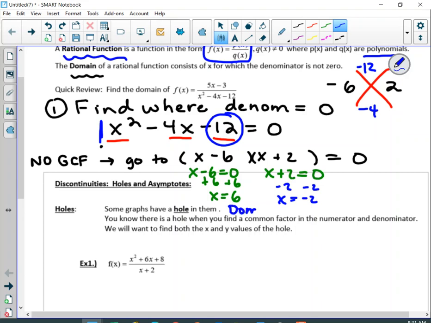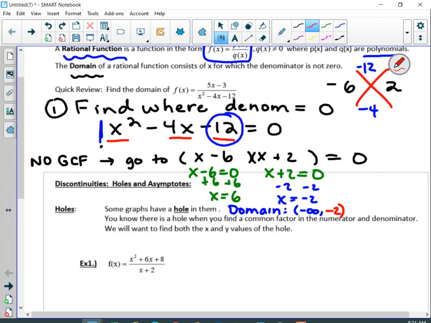So then, how do I write the domain? I basically start from -infinity up to my first 0 of the denominator. And I'm going to put a curve because I'm not going to include that number.